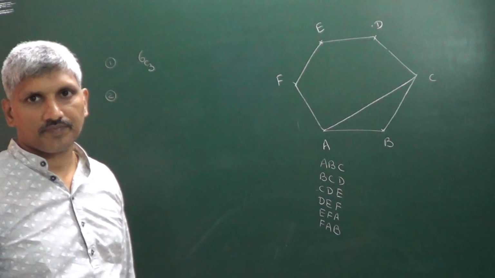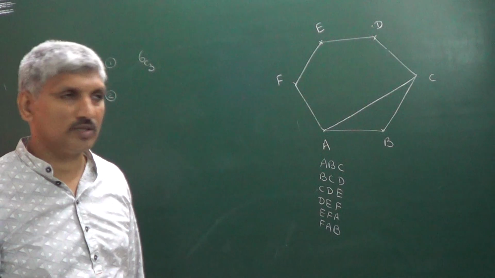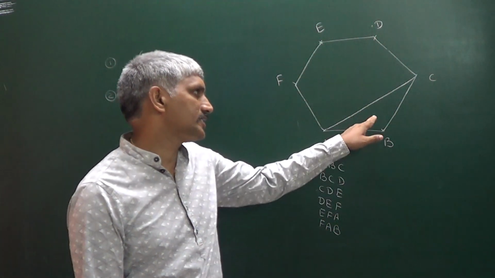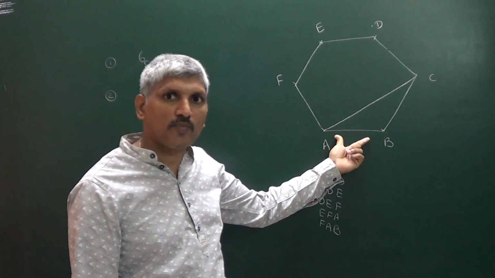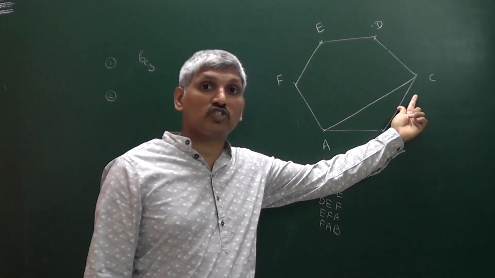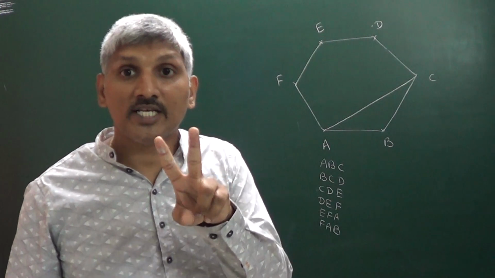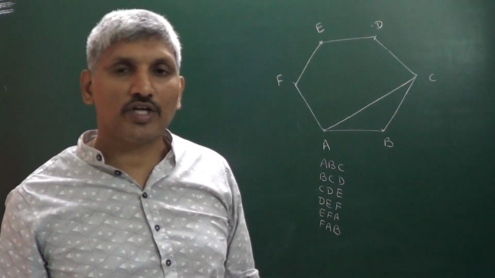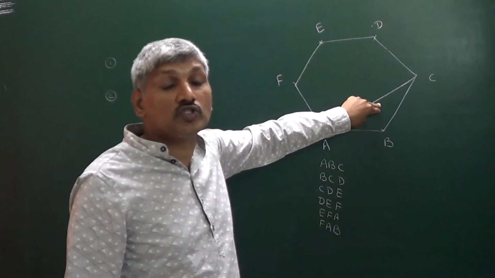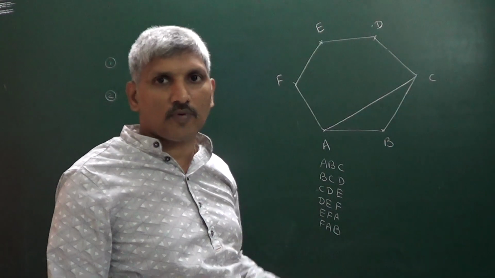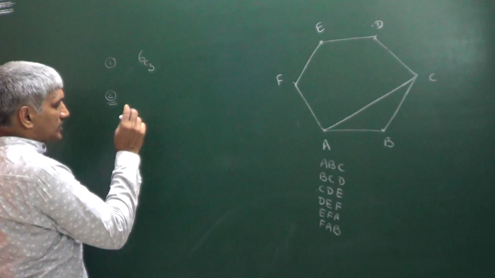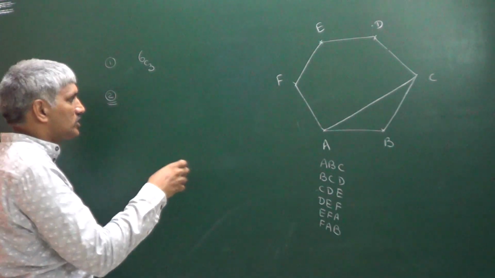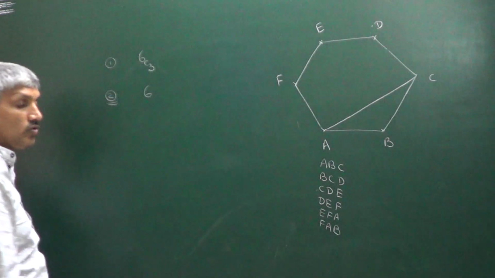So these many triangles are possible with exactly 2 sides common. See, for this triangle, one side is the side of the polygon AB, BC is also the side of the polygon. 2 sides common with the sides of the polygon. For this triangle also, 2 sides are common with the sides of the polygon. That's why number of triangles with exactly 2 sides common with the sides of the polygon is equal to 6.